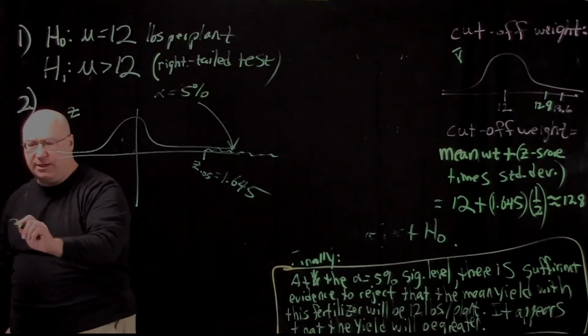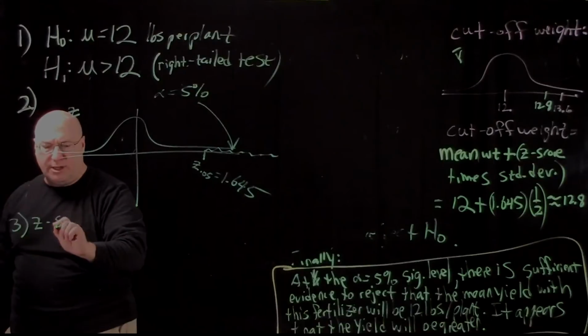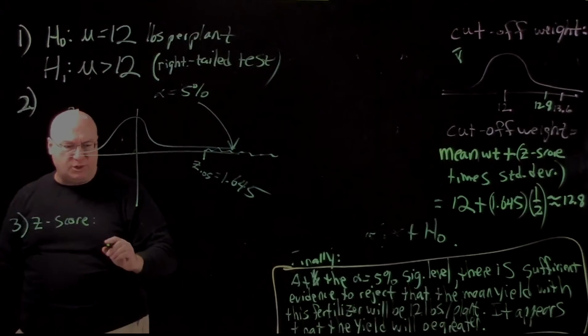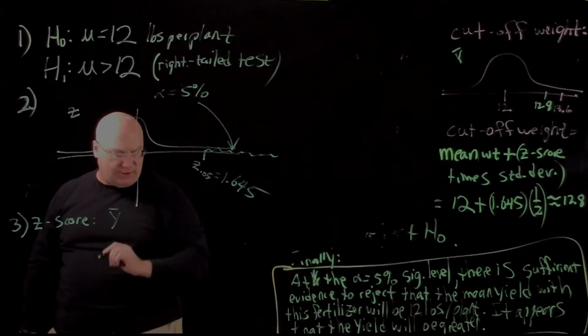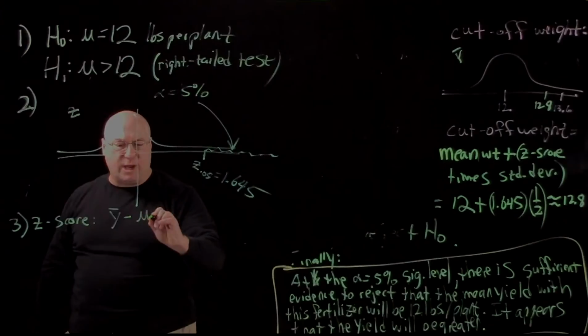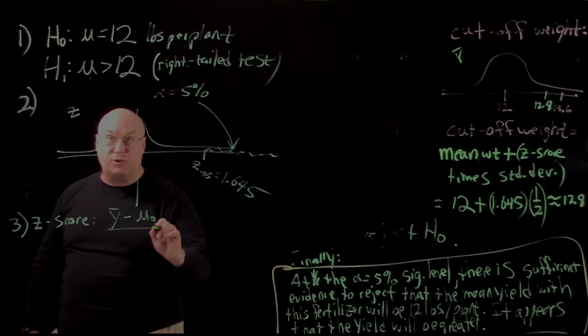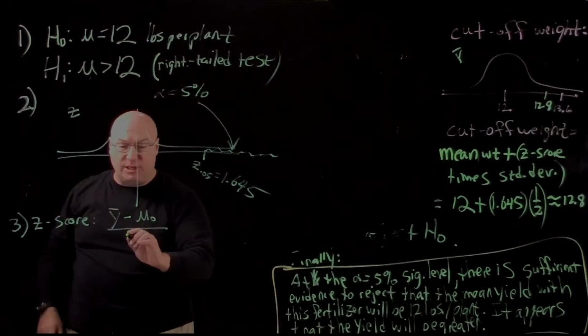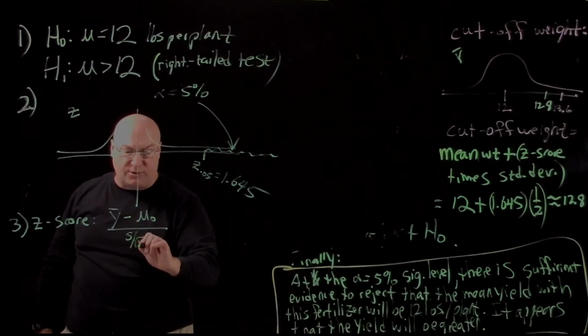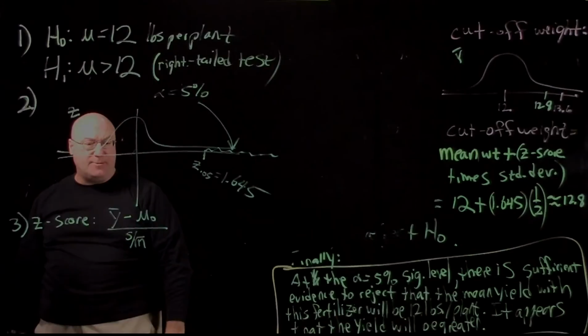So in step 3, we take whatever that value is, we subtract what we believe the mean to be under the null hypothesis, and we divide by the standard deviation, which is s over the square root of n, correct?